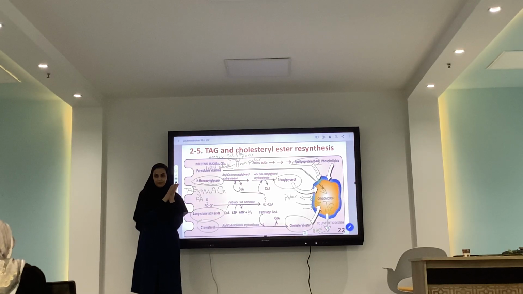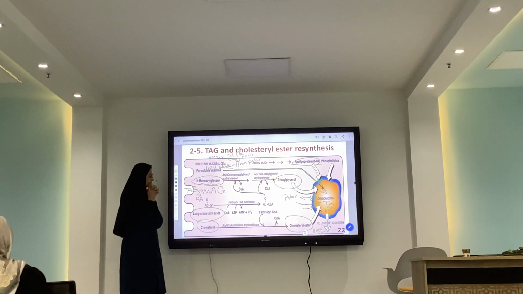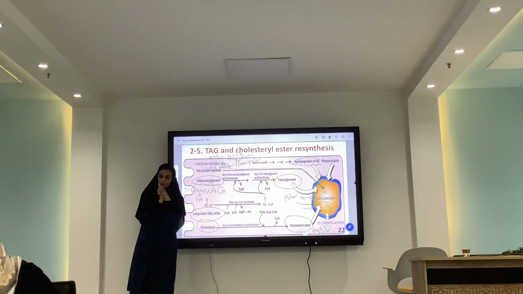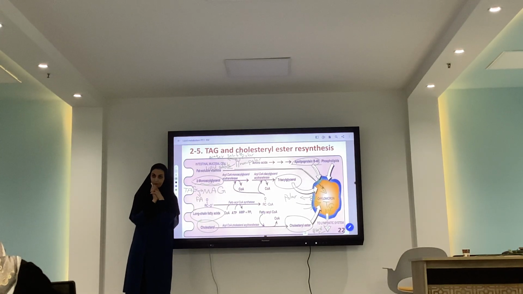We mentioned previously that we have small units of fatty acid that enter the enterocyte, and inside the enterocyte we must convert the small fatty acids into a form that is soluble in the lymphatic system, suitable for the lymphatic system.